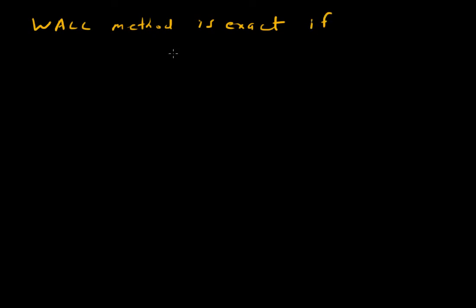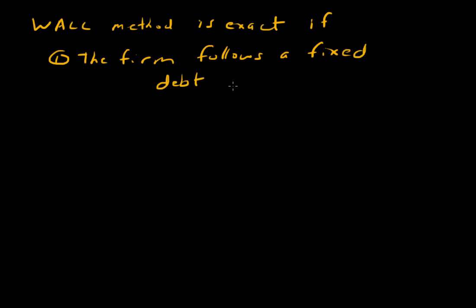So if you use this for your discounting, this is exact if the following holds. So first, the firm follows a target debt ratio, a fixed debt ratio. So they have an established capital structure that they maintain.